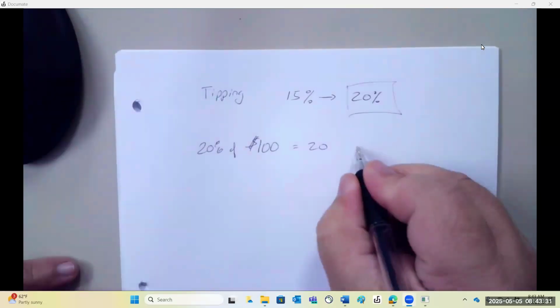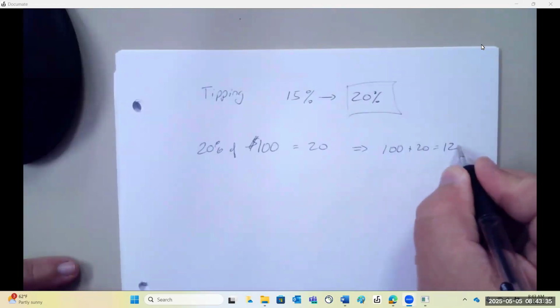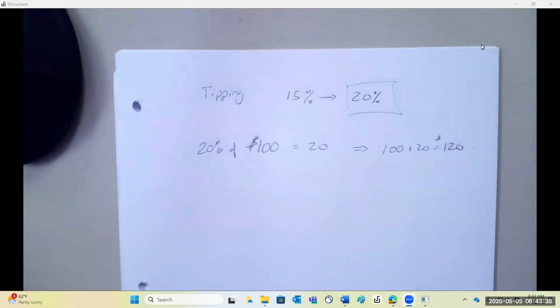So your total bill would be $100 plus 20, which is 120. Pretty much, if you can't afford that as a tip, don't go there. You don't have to tip at fast food. Again, it's common courtesy for those who are working there.